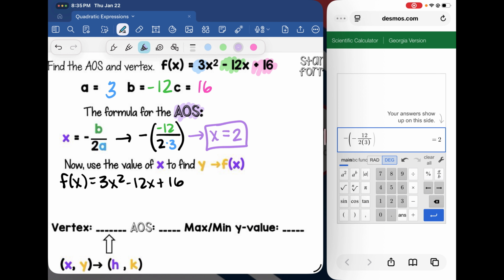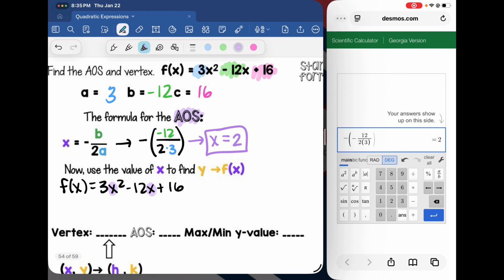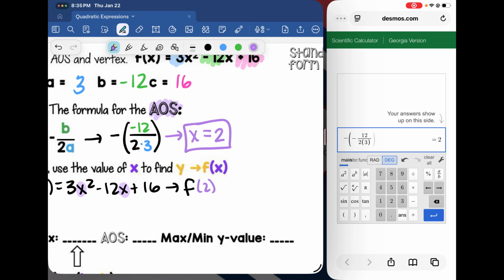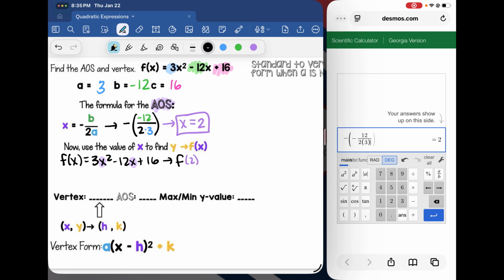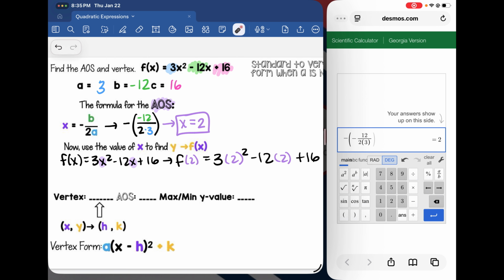That means everywhere I see an x in my function, I am going to input a 2. So f of 2 is equal to 3 times 2 squared minus 12 times 2 plus 16. I cannot put a 2 with the 16 because there ain't no x with the 16.